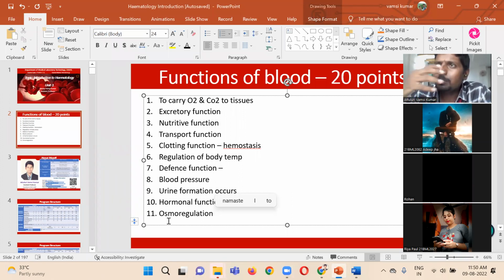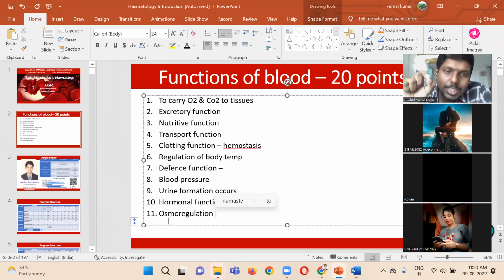How can I explain osmotic pressure? This osmotic pressure is exerted by electrolytes in the body, and these electrolytes are very essential for formation of various intracellular and transcellular fluids such as peritoneal fluid, pleural fluid, pericardial fluid, synovial fluid, semen, ocular fluid, vitreous humor, CSF, the cerebrospinal fluid.